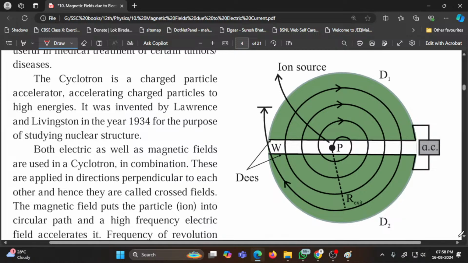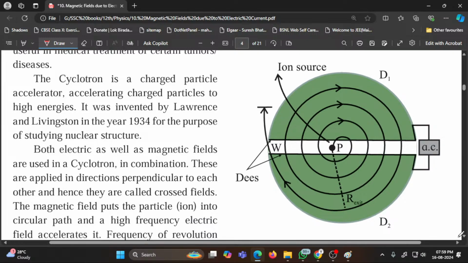So the magnetic field is perpendicular to the plane of the paper. The magnetic field is produced using an electromagnet producing a field up to 1.5 Tesla. An alternating voltage up to 10,000 volt at high frequency like 10 megahertz is applied between the two Ds.